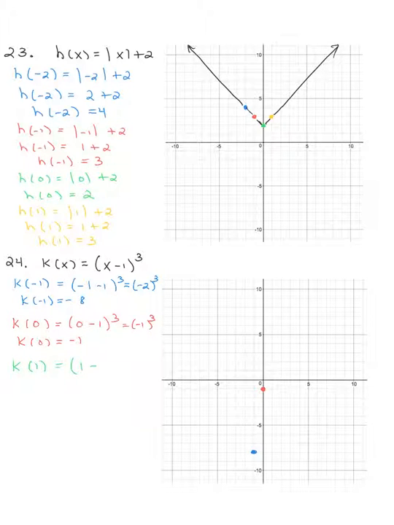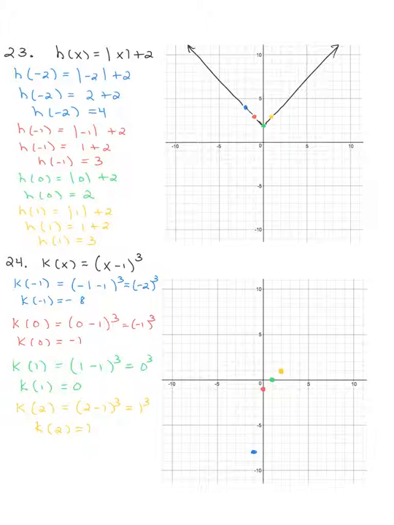That's (1 minus 1) cubed. That's simply 0 cubed. I don't even need the parentheses. K of 1 is equal to 0. Okay, we'll try K of 2. That's going to be (2 minus 1) cubed. That's simply just 1 cubed, or said another way, K of 2 is equal to 1.